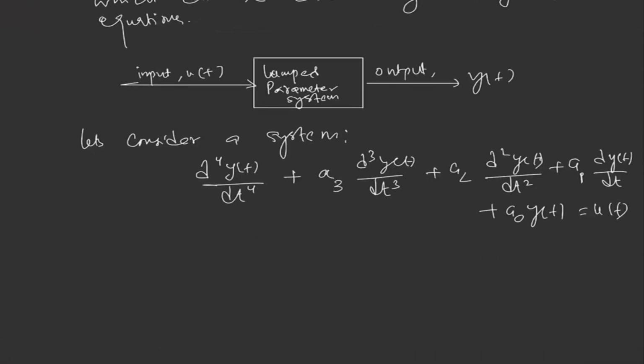This system, if you notice here, we have some parameters or coefficients in the system, or I can have another coefficient in place of this. Let me write some coefficient b0 u of t. Let's assume this is u of t.